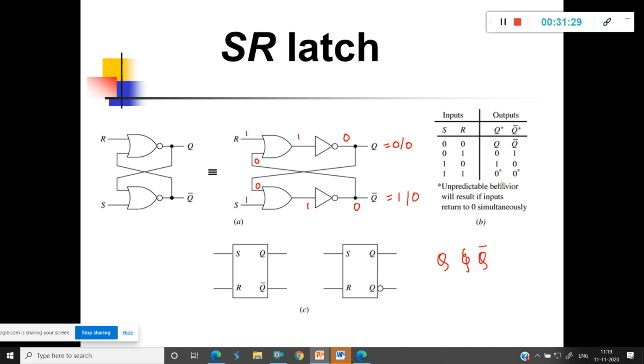It is known as unpredictable behavior, as both the outputs return to 0 simultaneously, violating the complement rule. Q and Q bar should be complements of each other. So this is how the SR latch works.